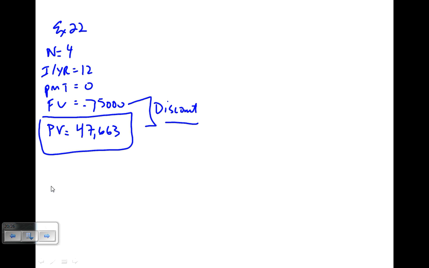But remember, it says here they borrowed $75,000. So when we do the journal entry on January 1st, 2013, cash, $75,000. So we were given $75,000.